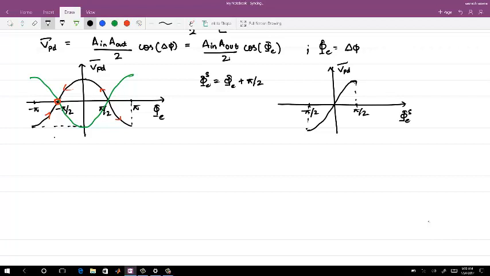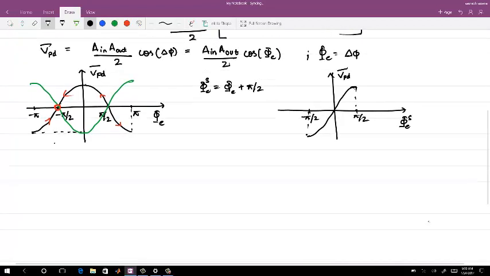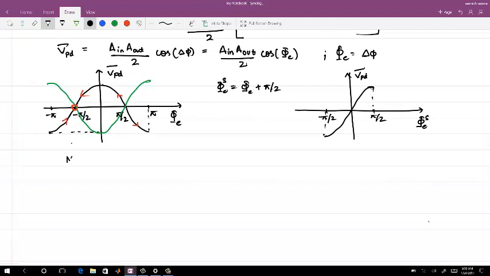So the thing you note here is that this phase error detector is monotonous in the range of phi es. Let me write it: the monotonous range is for phi es plus minus pi by 2.